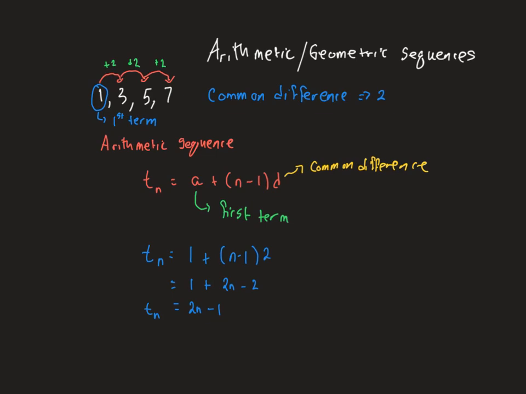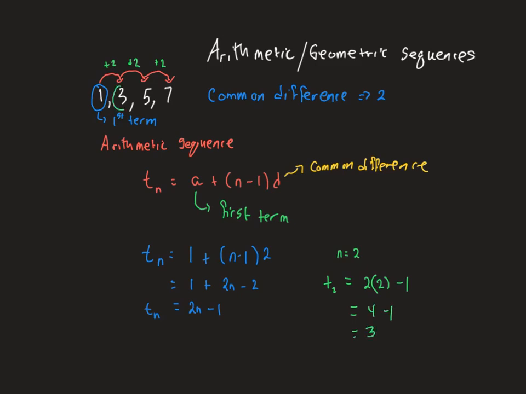So let's test this out. Let's say I wanted to find out this term, but I don't know it yet. This would be my second term. So you have t of 2 is equal to 2 times 2 minus 1. 2 times 2 is 4, minus 1 is 3.